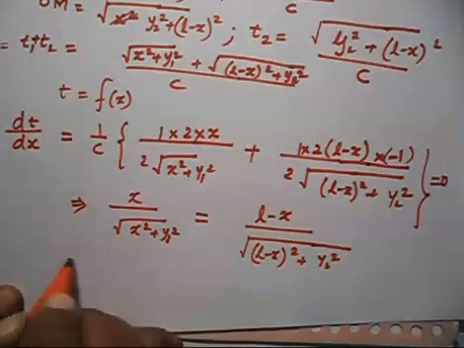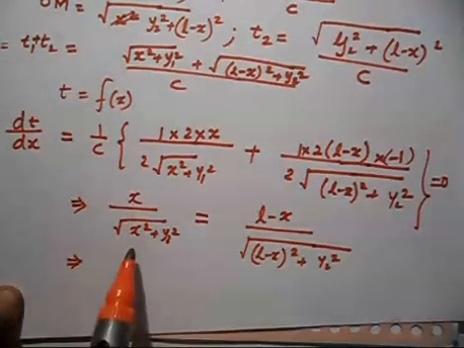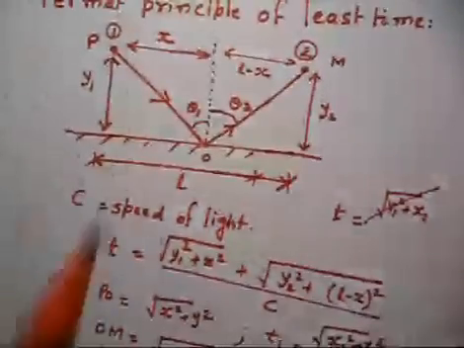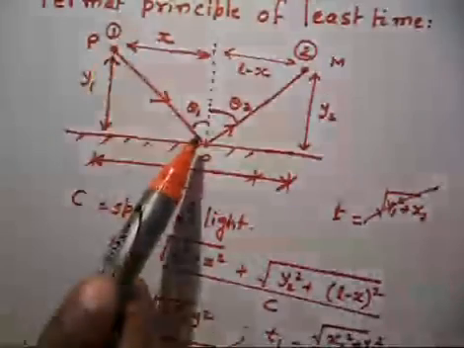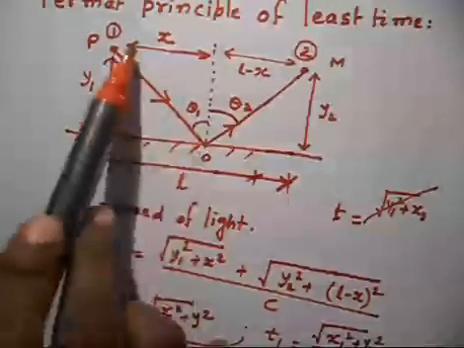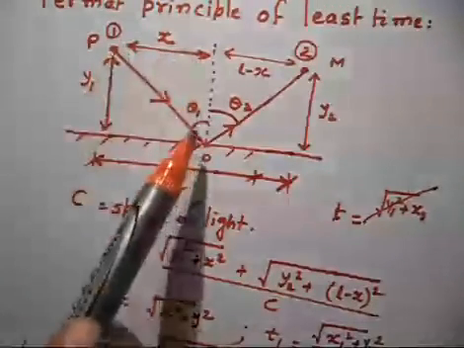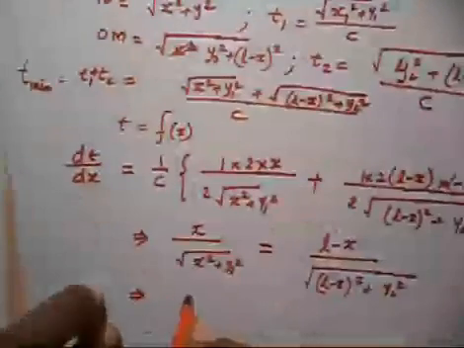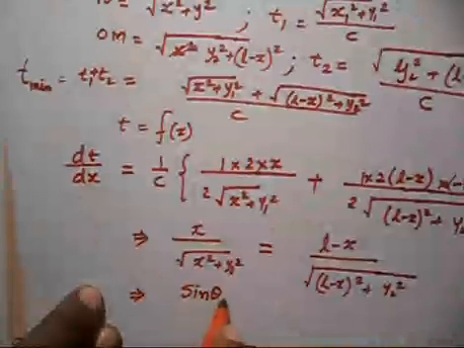Now if you see x divided by this distance, what is this? This is simply sine theta. x by this distance is sine theta. So I can write this is sine theta 1. So the left hand side I have sine theta 1.